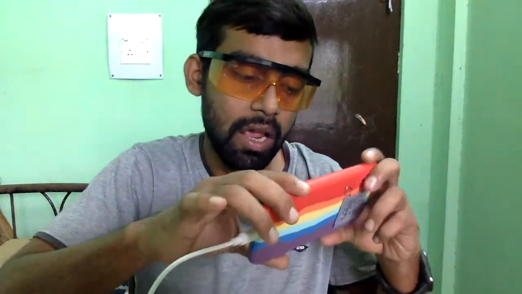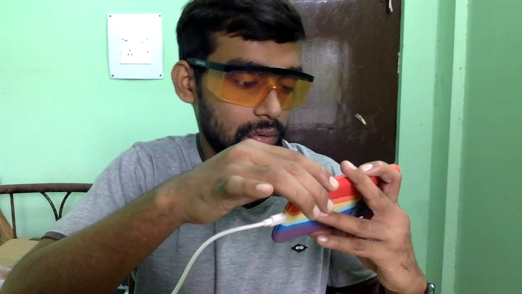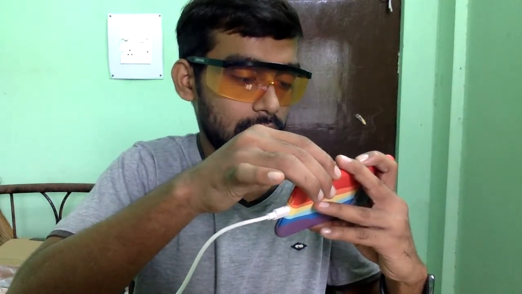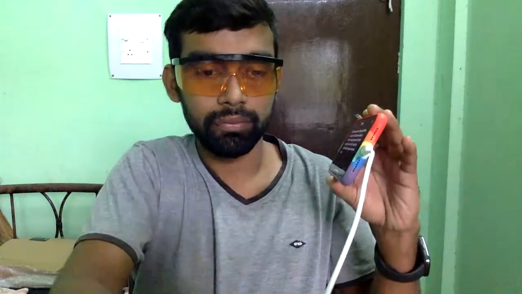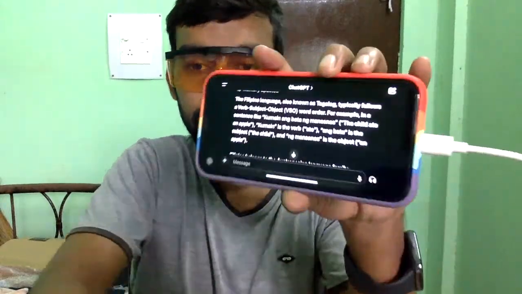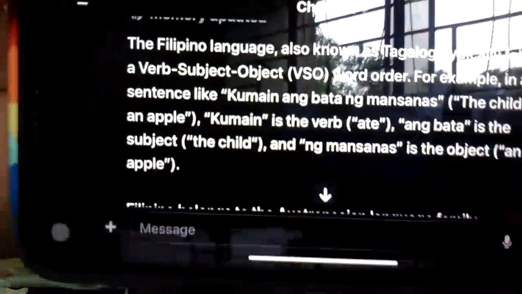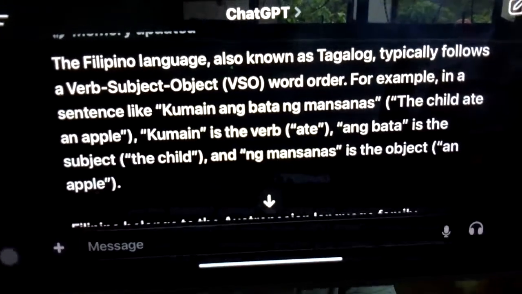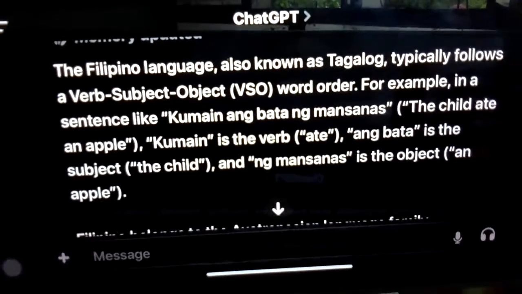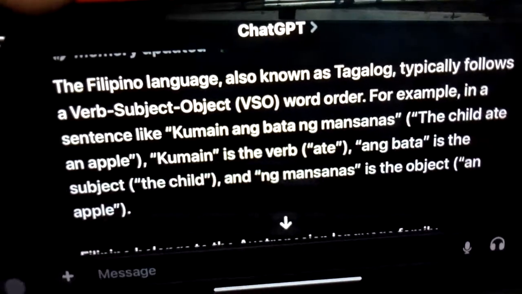Manzana actually means apples in the Spanish language. So look at this. For example, in the sentence, Kumain ang bata ang mansanas.